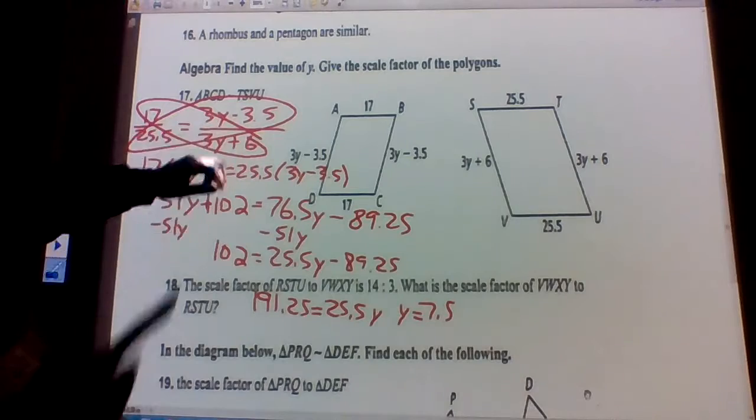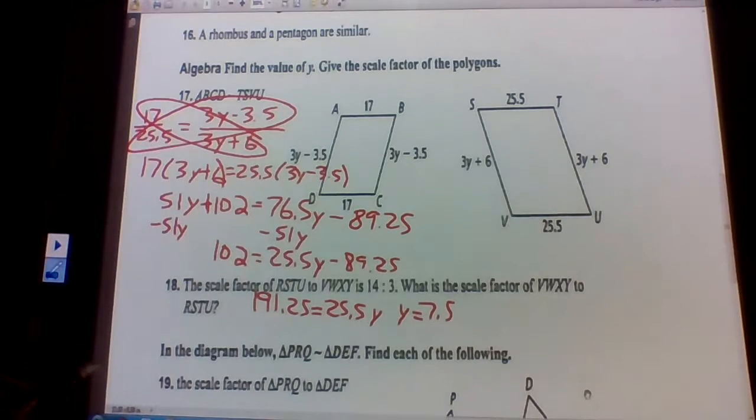So if you were to plug that in, 3 times 7.5 minus 3.5, okay, divided by 3 times 7.5 plus 6. Okay. We get 2/3.